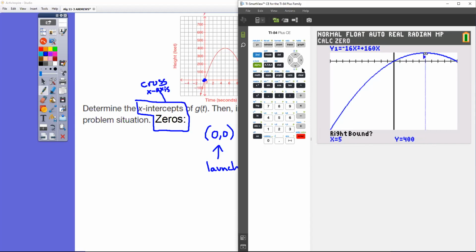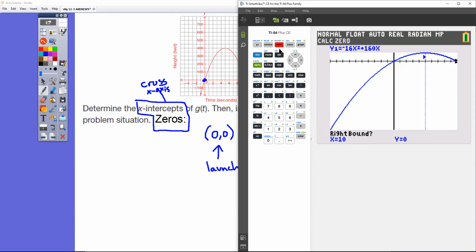Now I need to go all the way over to the right-hand side of it, so I need to keep on clicking to get there. That's why they do this left-bound and right-bound stuff, because you can have more than one answer. I'm going to hit enter again.